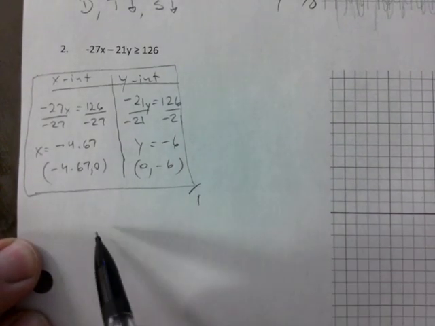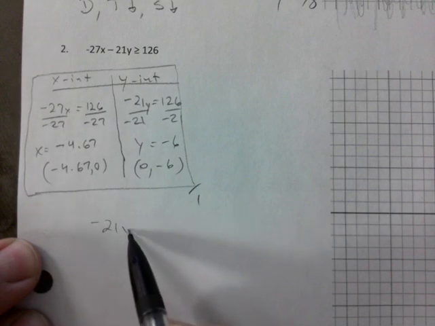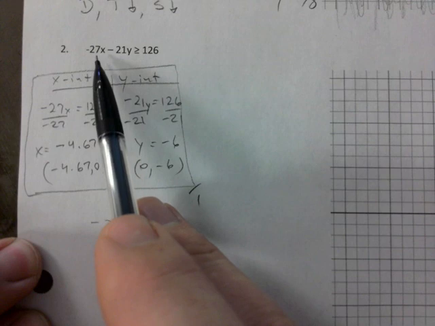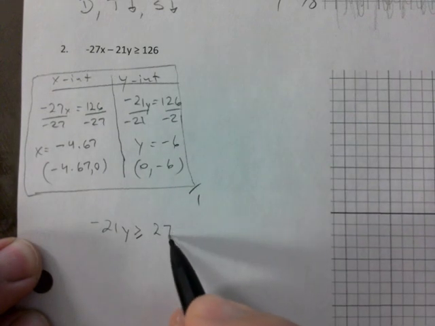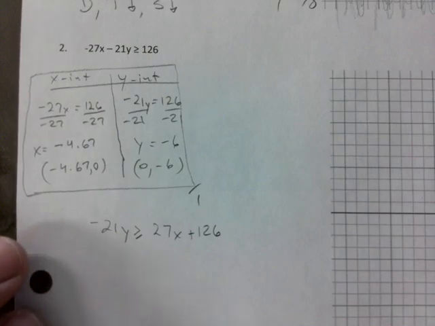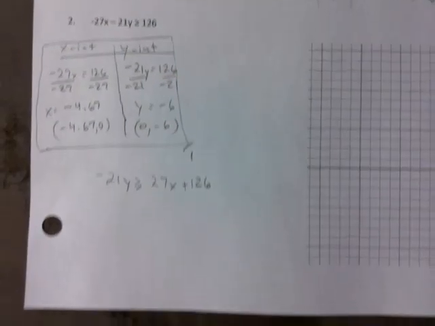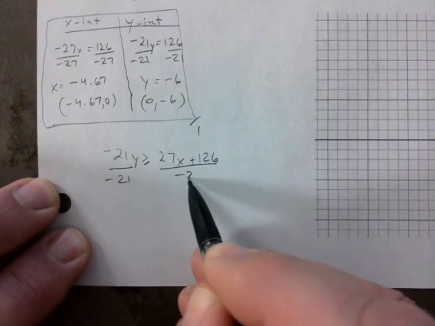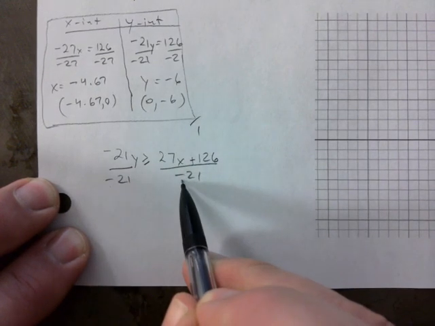Let's rewrite it. So that would be negative 21y is greater than or equal to, and then the negative 27x comes over positive and joins the 126 that's on that side already. Something's going to happen here, right? Some of you know exactly what I'm talking about, but you're dividing by a negative.